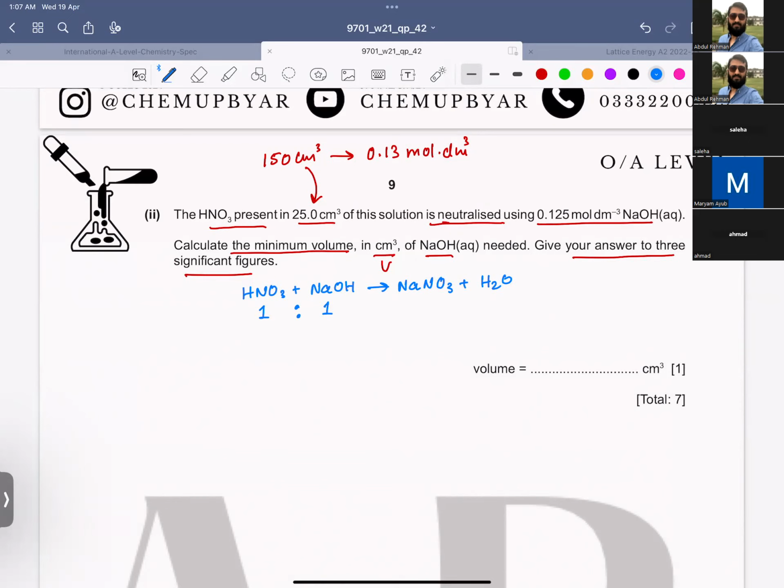First I will find the moles of nitric acid, which are exactly equal to the moles of sodium hydroxide, and that can be calculated by multiplying the volume, which must be converted into decimeter cube, times the concentration. So can anybody calculate it?